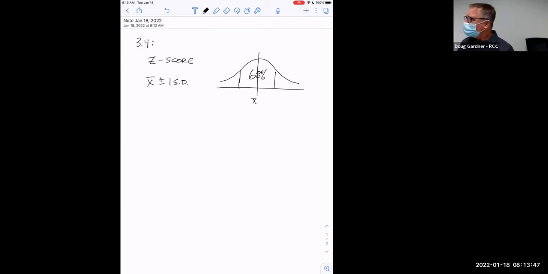So that kind of tells you where you are. If you are 1 standard deviation above the mean, you know that you're right there, plus 1 standard deviation. Right there, minus 1 standard deviation.